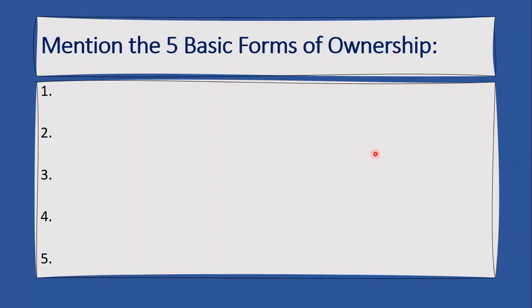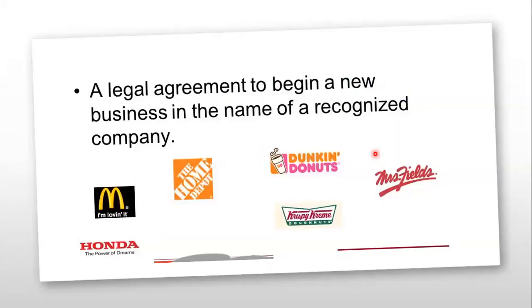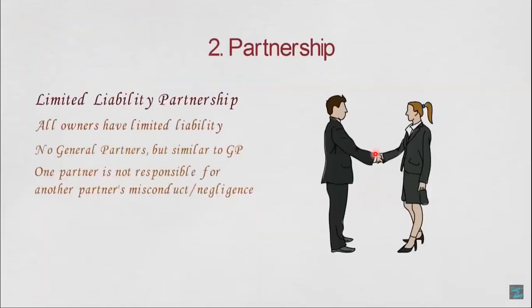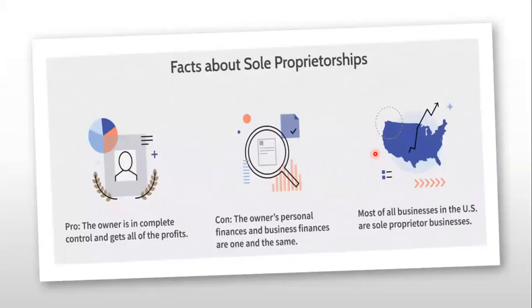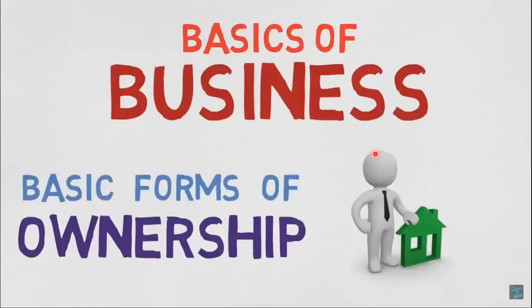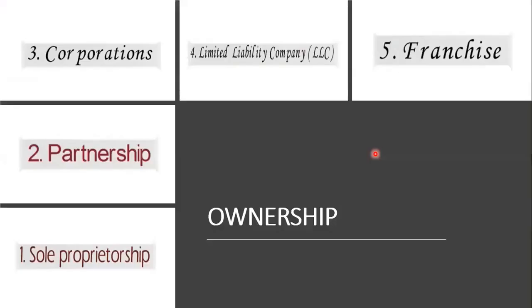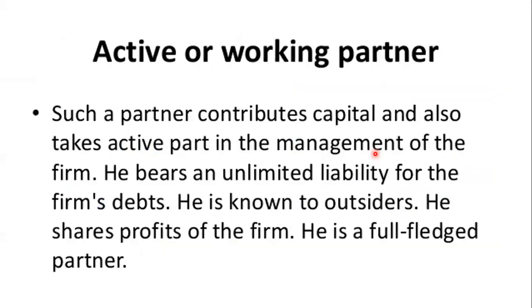Okay, you got it? Well, this is individual homework. Okay, so write down these 5 types of ownership. This is an individual homework.